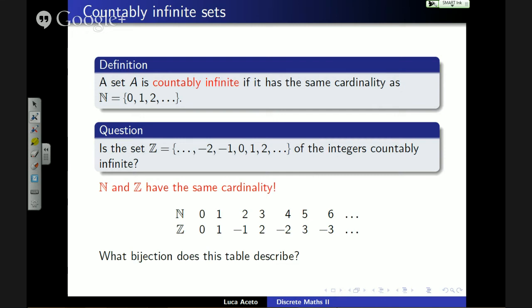Okay, so on the first line, you see the natural numbers on the slide. On the second line, you see the integers. So how are we going to enumerate the integers? We start from 0, and then we say, positive numbers, take a step. 1 comes along. But then we say, now it's your turn, negative numbers. Take a step. -1 comes along.